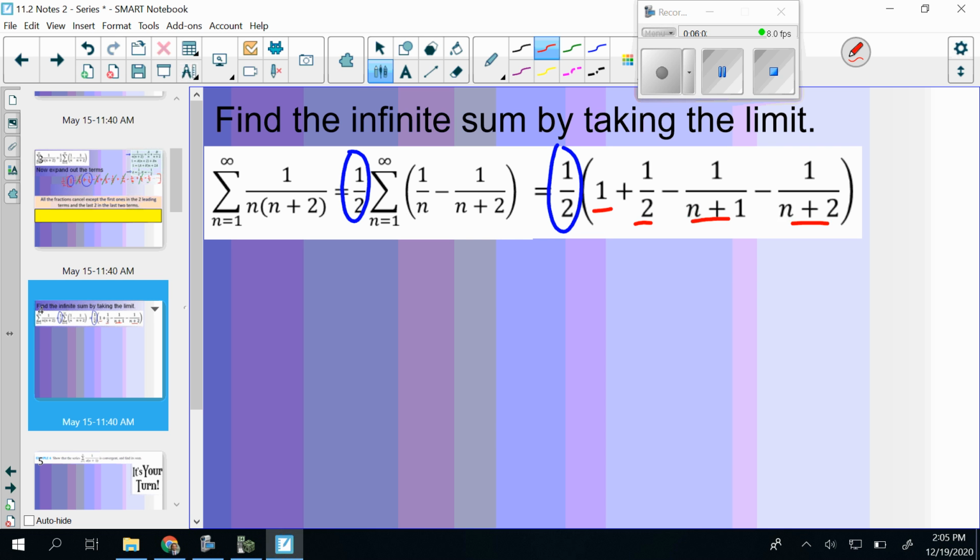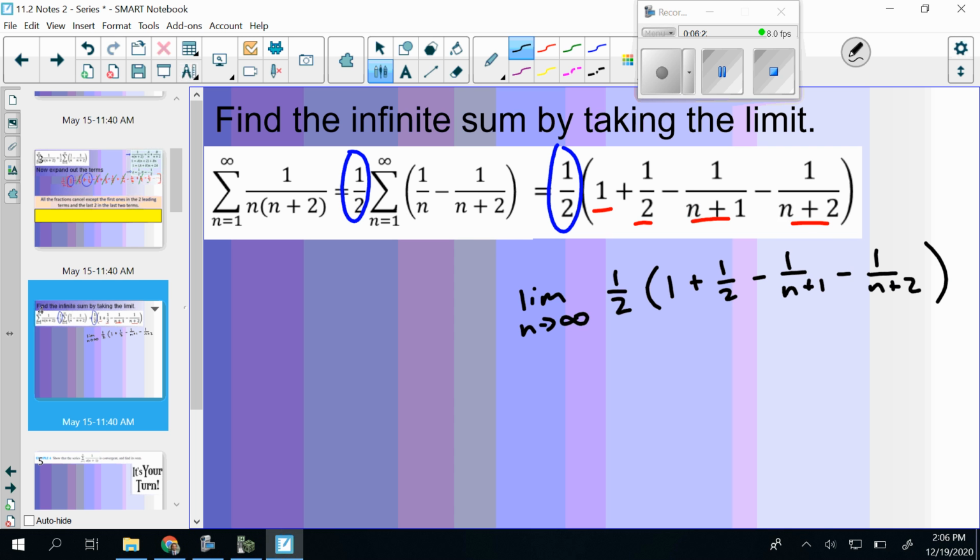Well, now we can figure out this answer by taking the limit of this as we go to infinity. So what's the limit as n goes to infinity of 1/2 times this? Well, we know if we did the limit as we go to infinity here that these last two would both end up just being 0.